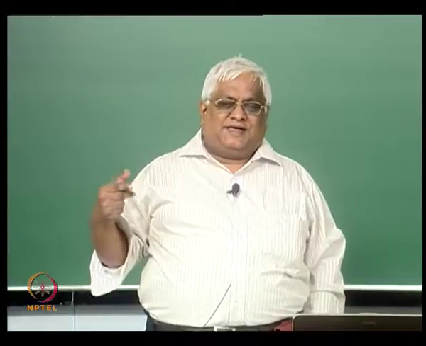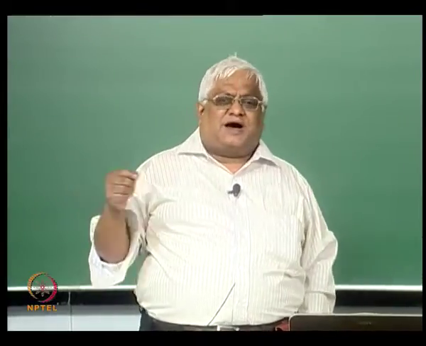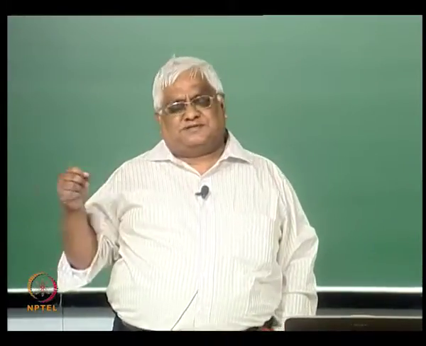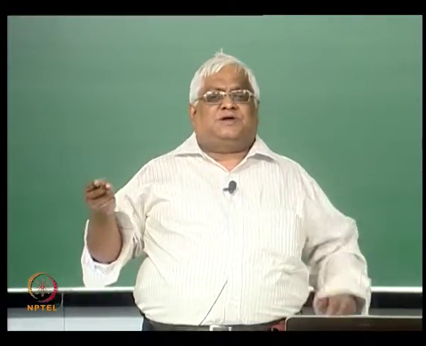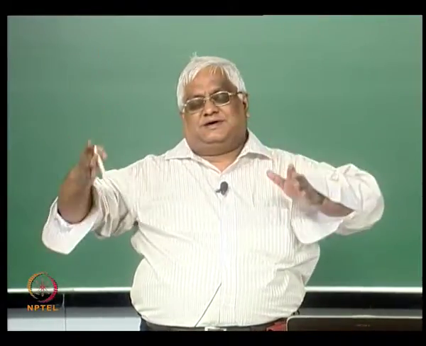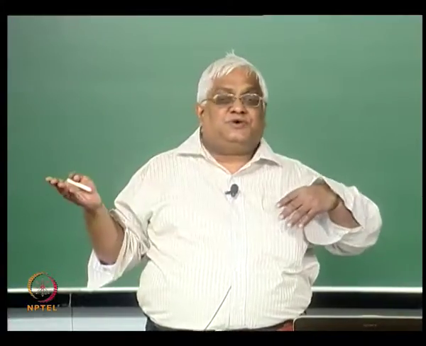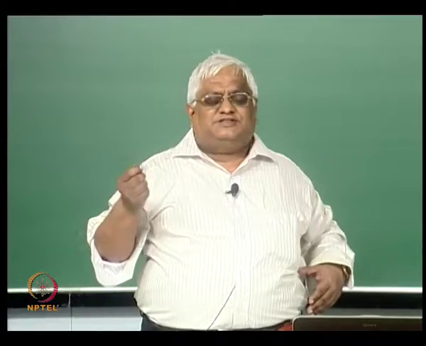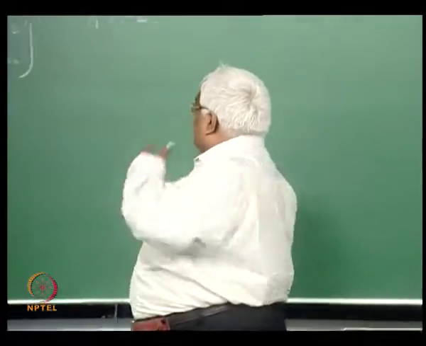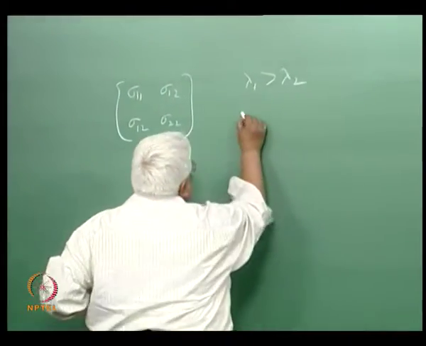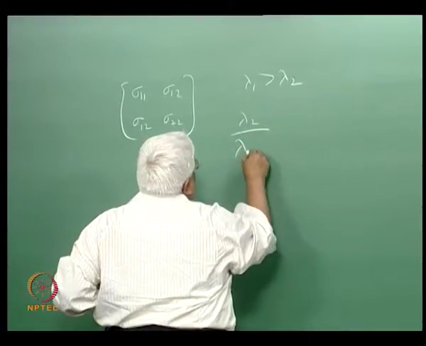Either you can take just lambda 2 or you can take lambda 2 by lambda 1 plus lambda 2, so that you can always make the distance between two variables lie between 0 and, in fact, what is the maximum value of this? What is the maximum value of lambda 2 by lambda 1 plus lambda 2?